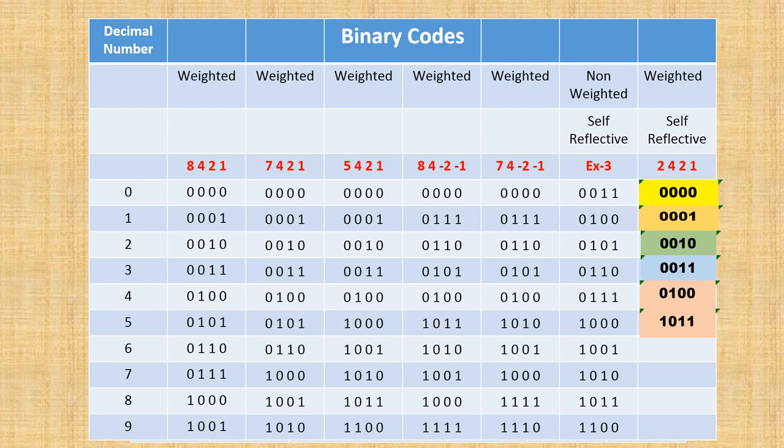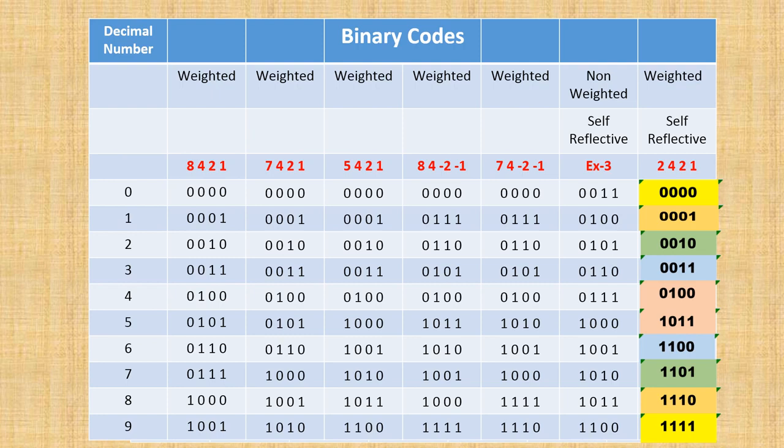Total weight of 5. Now apply the property of complements. 5 is the complement of 4 and the code of 4 is 0100. Simply complement it. You will get 1011.